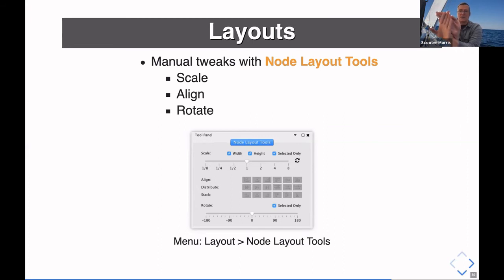I'll just select those 5 nodes and rotate them so I can get a clearer layout. These node layout tools are incredibly useful, and most of us that use Cytoscape a lot use them quite a bit. So I would encourage you to play with those.